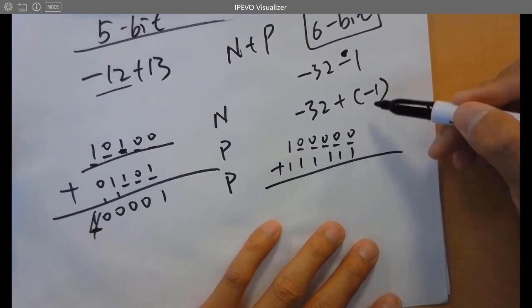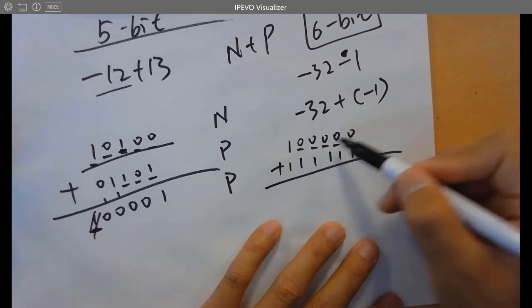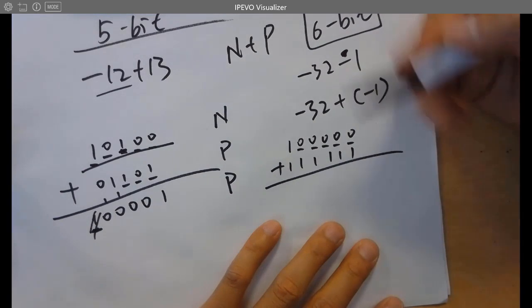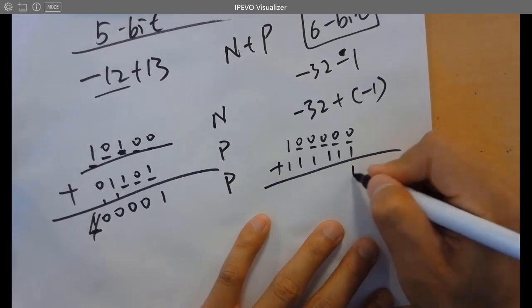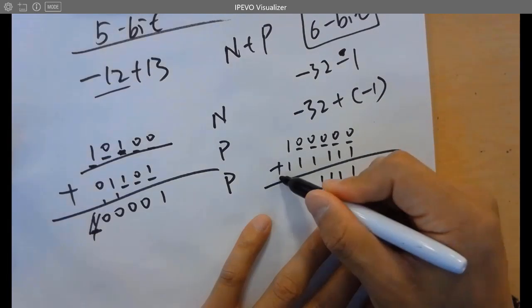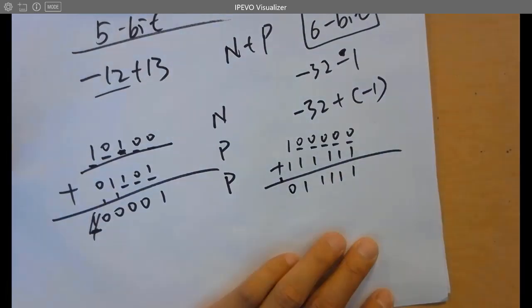Looks weird, right? Minus 1 looks like way bigger than minus 32. Just add them together, and you're going to get 1, 1, 1, 1, 1. And then carry and 0.